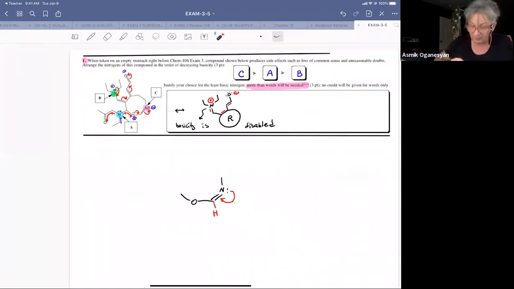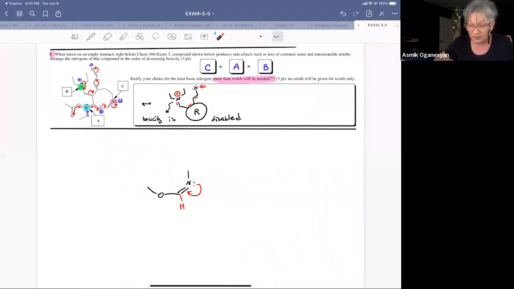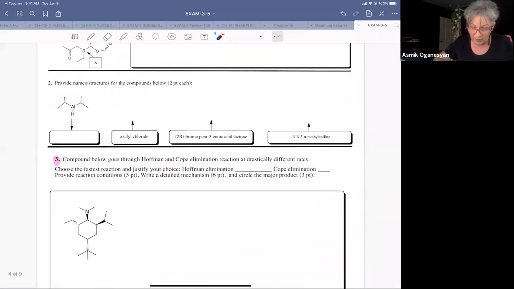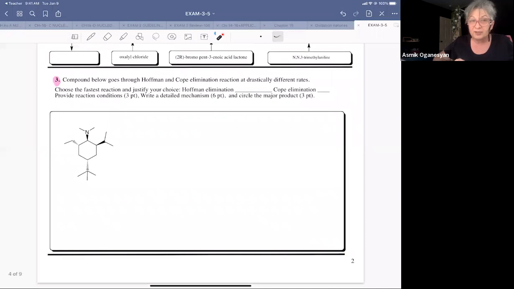Absolutely. Okay, so now we're ready for the next page. If you guys have questions, please ask. If not, I'll move on. We're good? Okay. I'm going to cover this problem here. We've talked about it today, so it's a really great example of looking at the differences between Hofmann and Cope elimination.